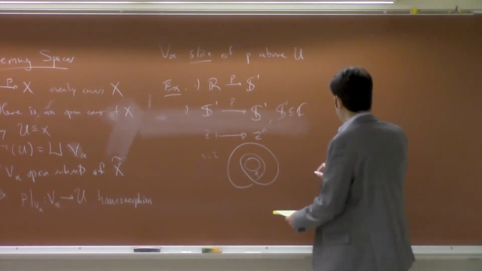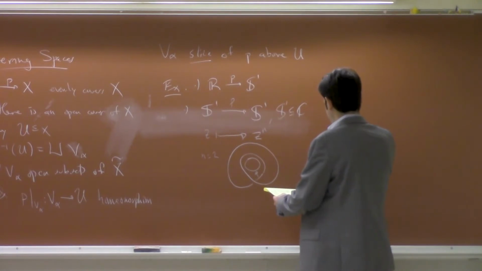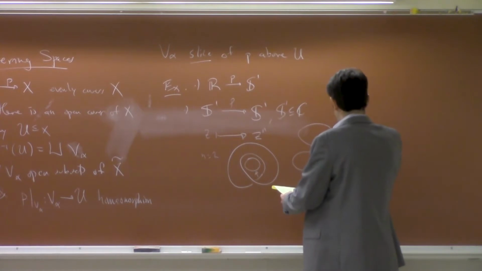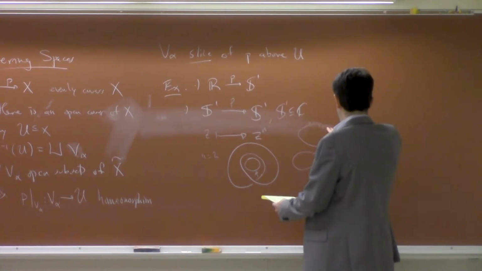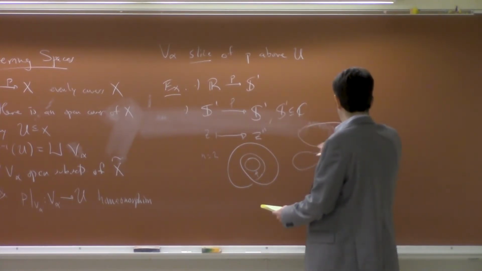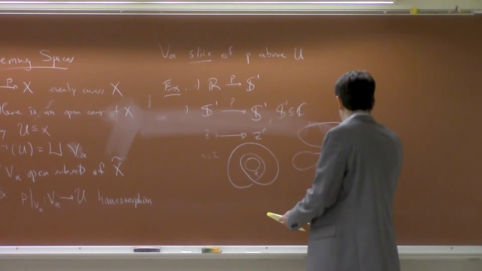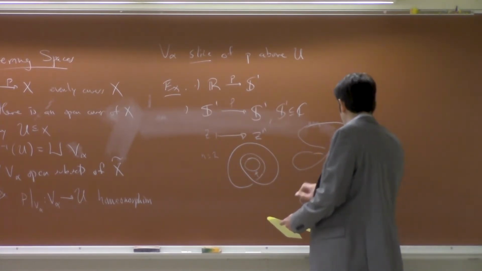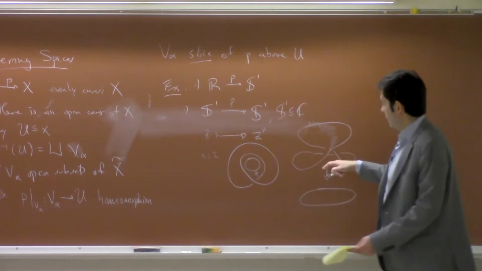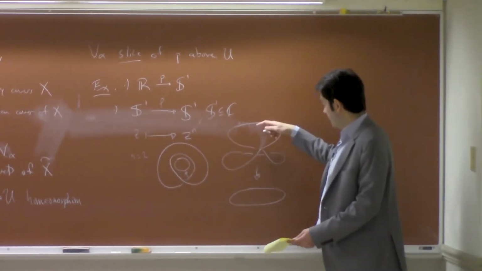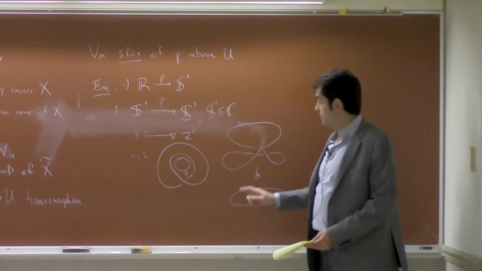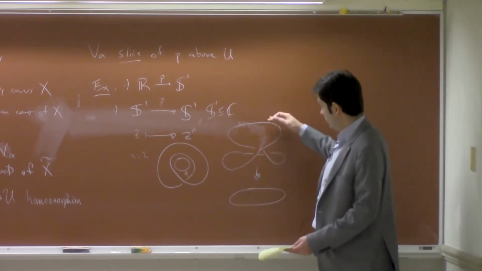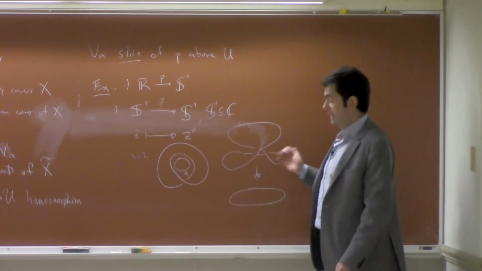Or if you're looking at it from the side, then it might look something like this. Again, you have two copies of the circle, and they sit above this one. It doesn't self-intersect, so it's a little awkward to draw, but that's the idea.